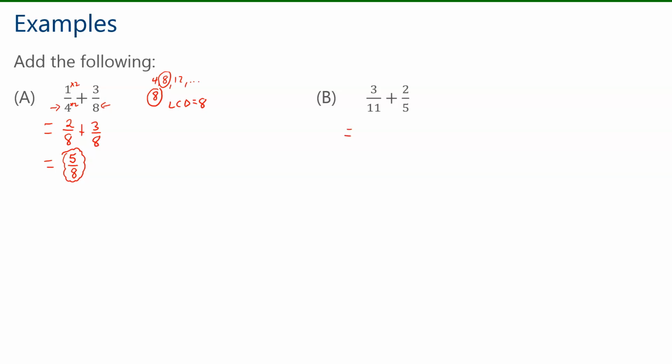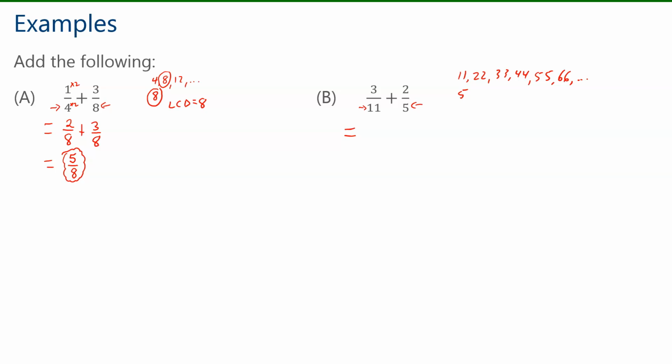In B, 3/11 plus 2/5. Denominators again, different. So let's see, 11 and a 5. Let's start listing some multiples of 11. 11, 22, 33, 44, 55, 66, and I'm going to stop there.